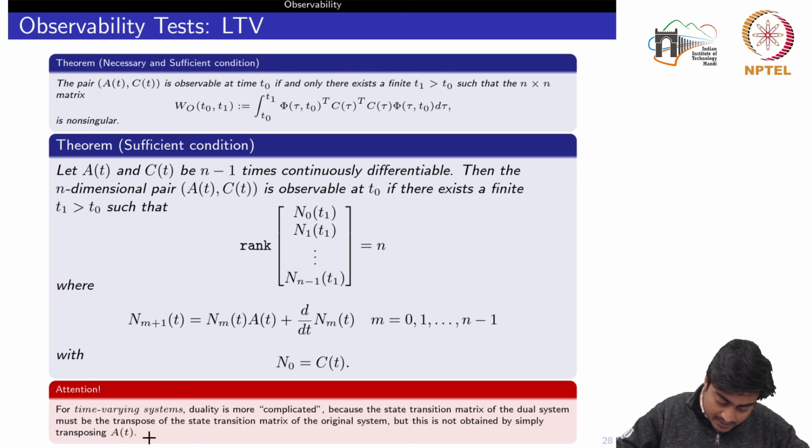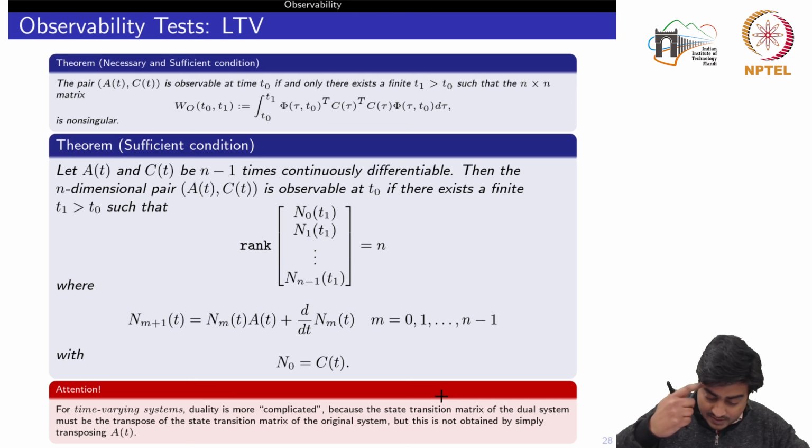For time varying systems, duality is more complicated, because the state transition matrix of the dual system must be the transpose of the state transition matrix of the original system, but this is not obtained by simply transposing the A matrix.